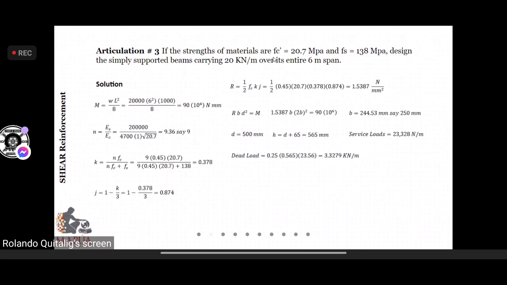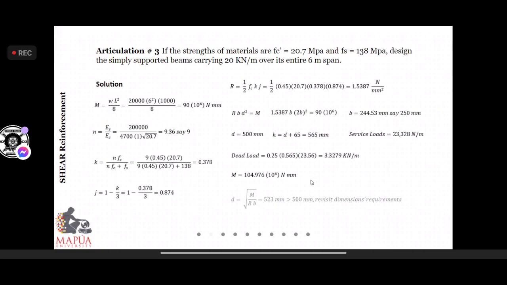And this will be added to the service induced loading in the simply supported beam here, which is equal to this magnitude, 23,328. And then we validate the service load. With this service load, we begin computing the service moment. We include already the dead load there. So this will be the moment as we compute this one.